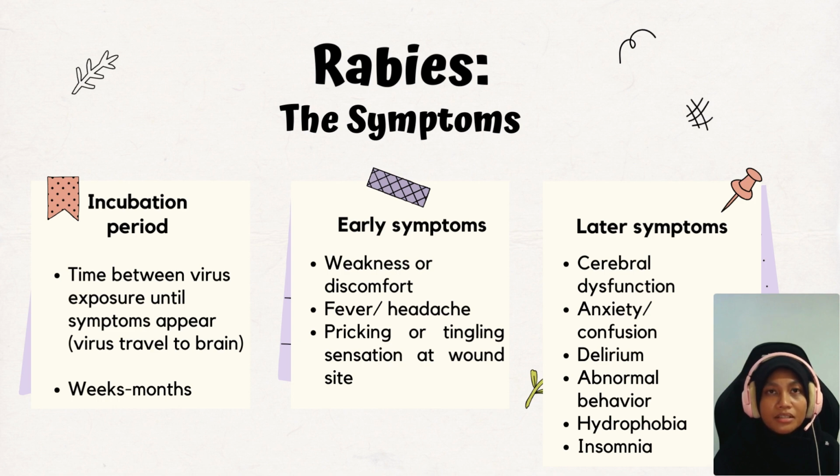Symptoms can progress to cerebral dysfunction, anxiety or confusion, and agitation. As the disease progresses, the person may experience delirium, abnormal behavior, hallucinations, hydrophobia, which is fear of water, and also insomnia. For animals, the signs, symptoms, and outcome of rabies can vary, but the symptoms are often similar to those in humans.